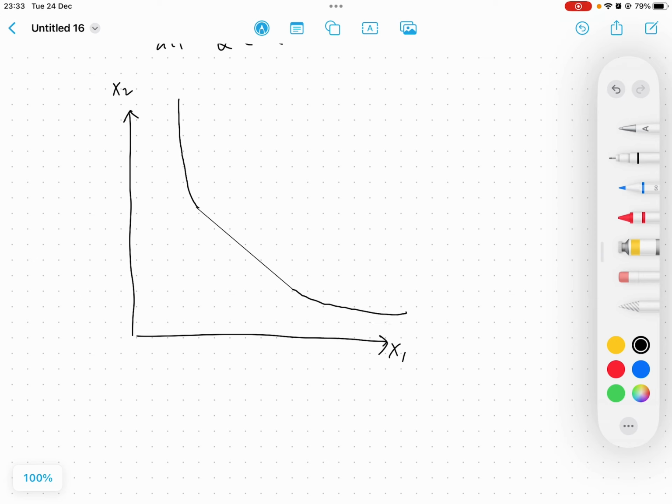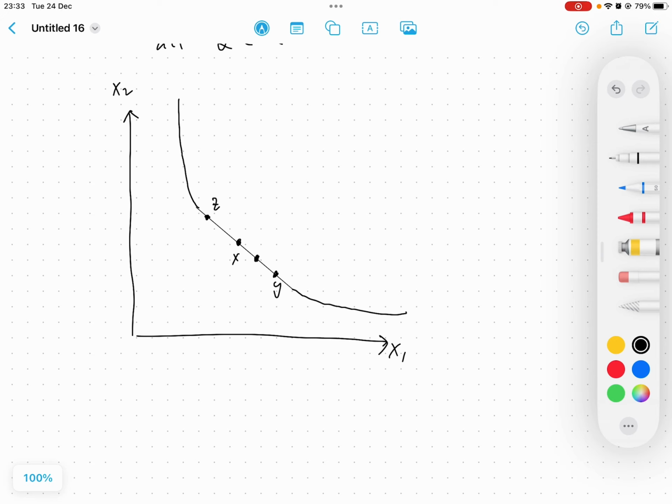Part of this indifference curve is straight. Let's suppose x is somewhere here, y is here, and z is here. You could pick any alpha, and the combination would still be somewhere on this segment between y and z.